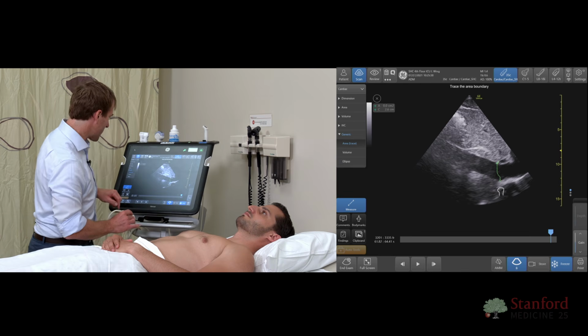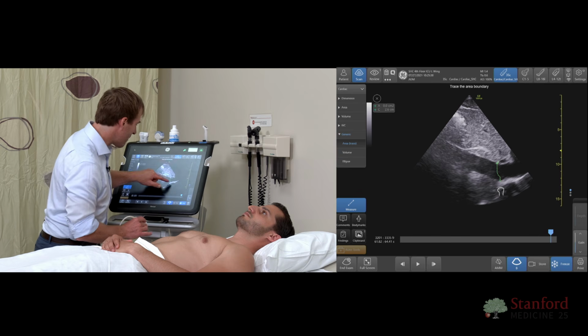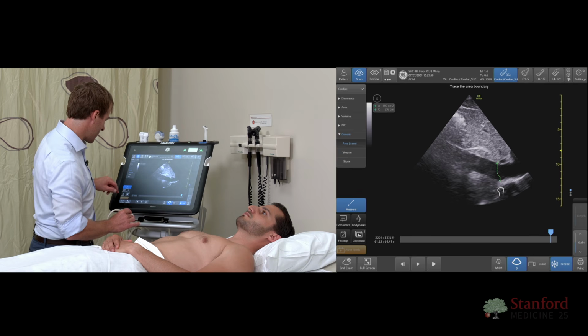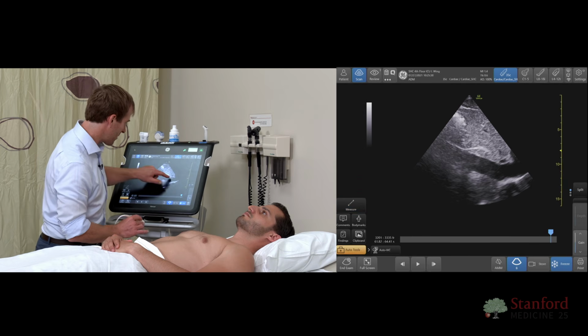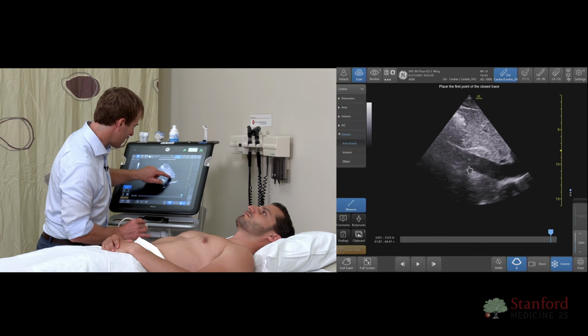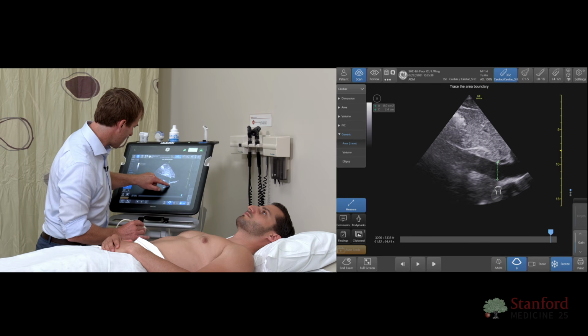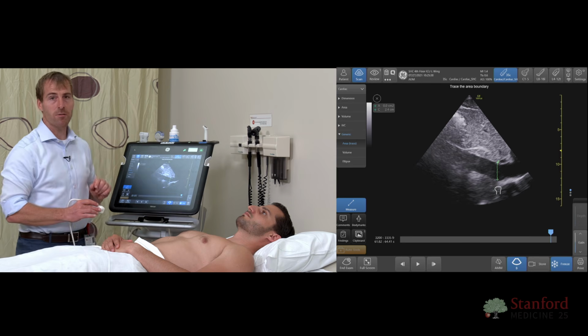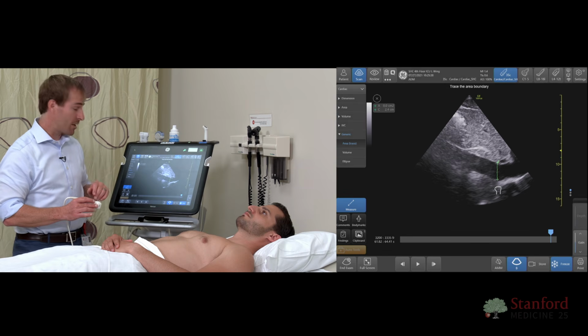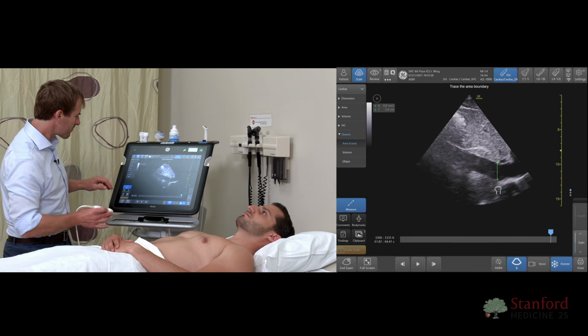All right, and I can see my measurement. Well, with my curve, I've got 2.6. Let's go ahead and take another measurement. 2.4 centimeters, okay? Which is about what I would expect.